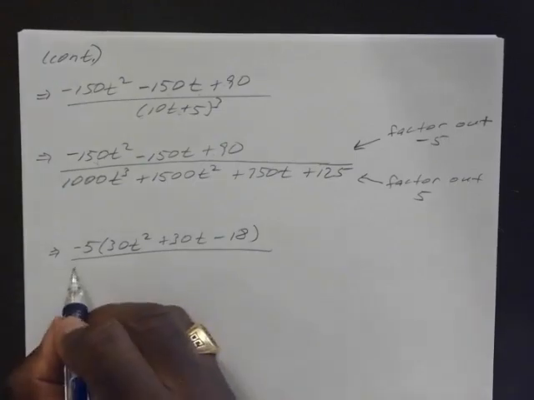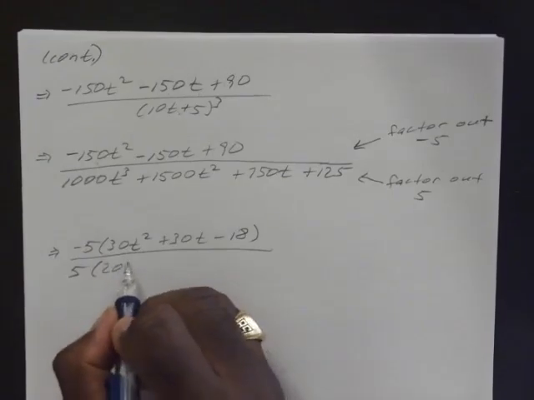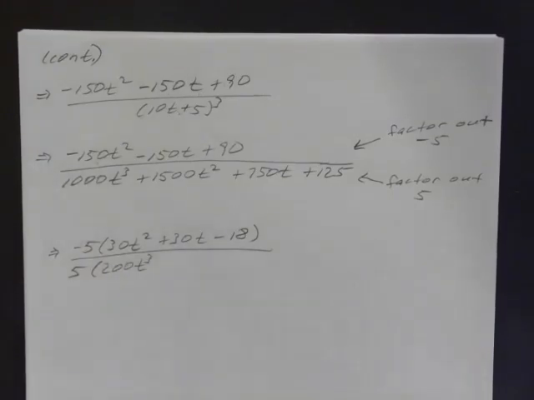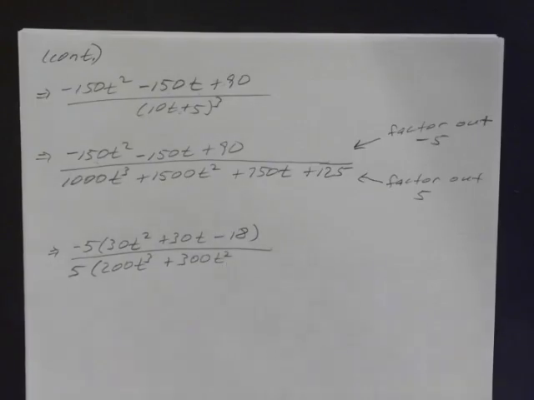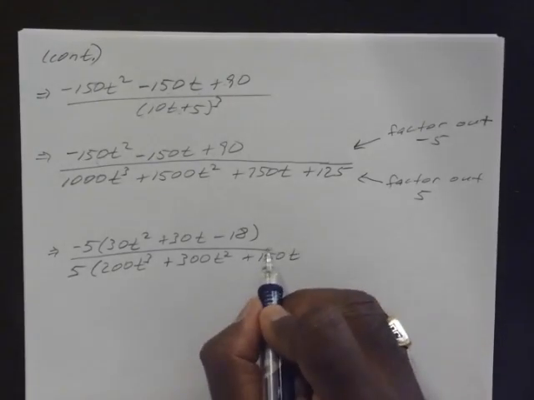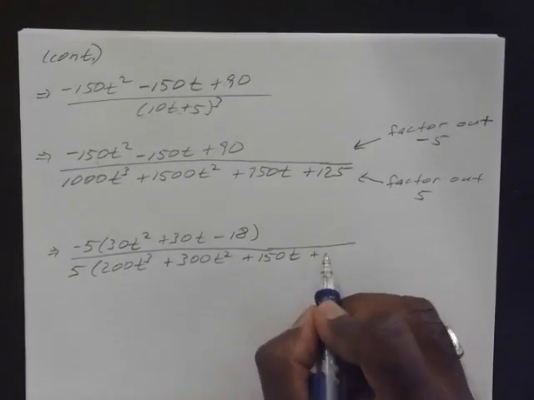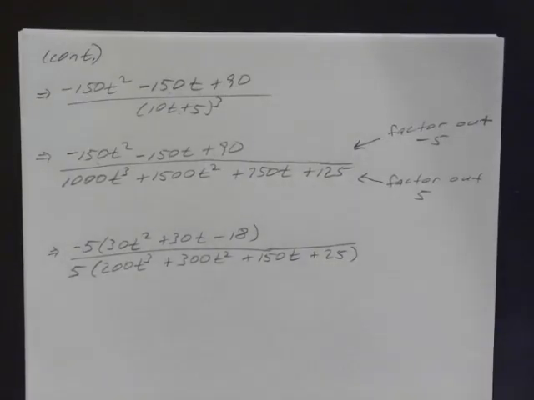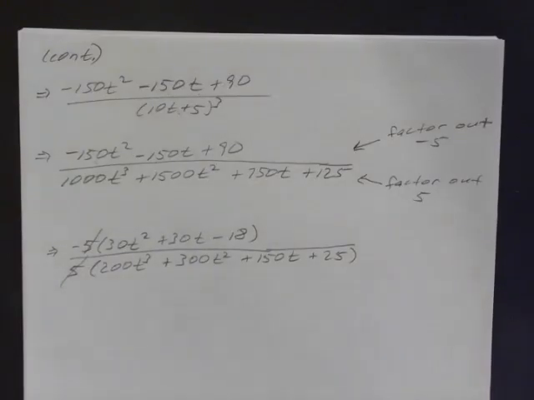And if we factor out a positive 5 in our denominator, that will leave us with 200t to the third power plus 300t squared plus 150t plus 25. Where, of course, the 5s cancel each other out.